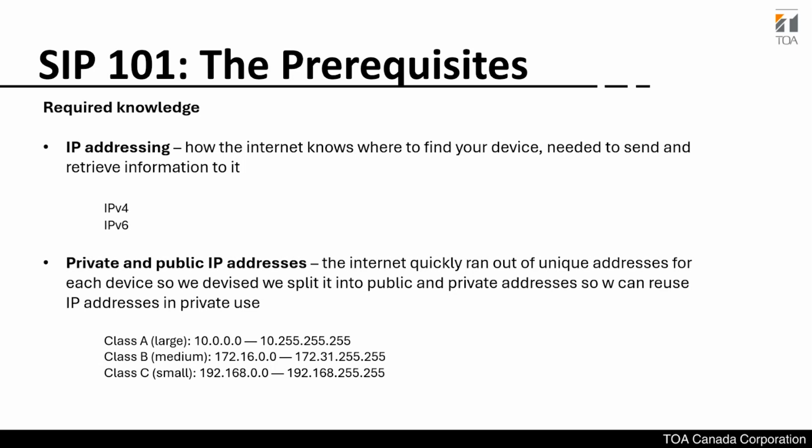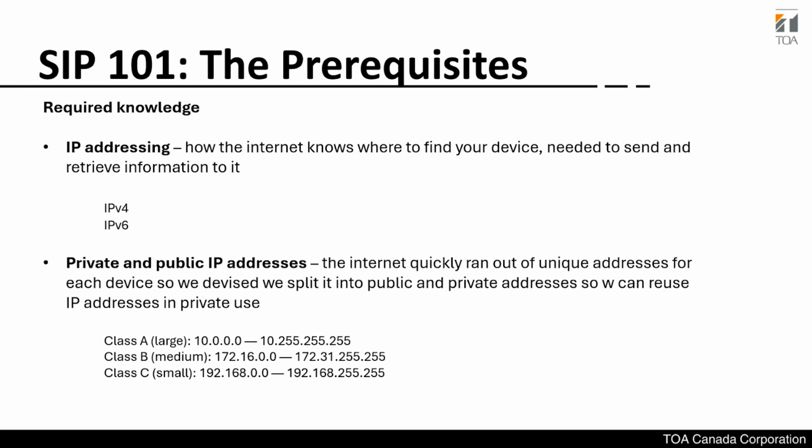And these local area networks can be divided into three classes: Class A, Class B, and Class C. Class A is a large one, Class B is a medium one, and Class C is a small one. And if you notice, Class C, the small one, is 192.168.0.0 and going up to 255.255. It's used in small networks. Maybe you saw that in home routers.